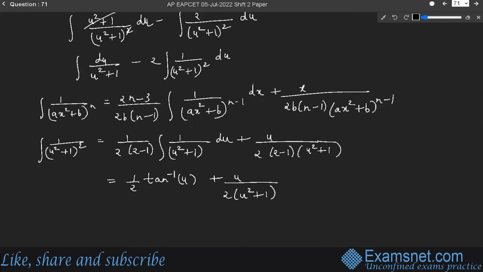Therefore, we can say that this will be equal to integral of du divided by u square plus 1 minus 2 into integral of 1 upon (u square plus 1) whole square.